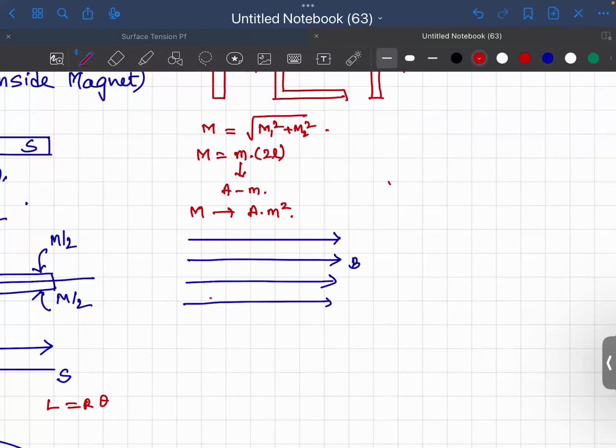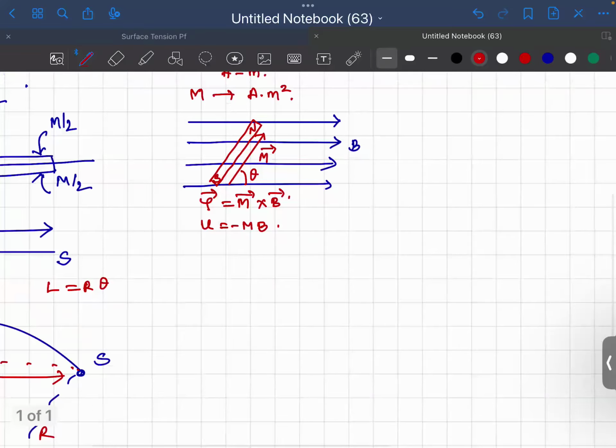When you place a bar magnet, the torque is nothing but M bar cross B bar, torque or couple, whatever it is. The potential energy is minus M dot B. I'm not teaching anything new till this point. It is the same as the cut, copy, pasted concept of the electric dipole.